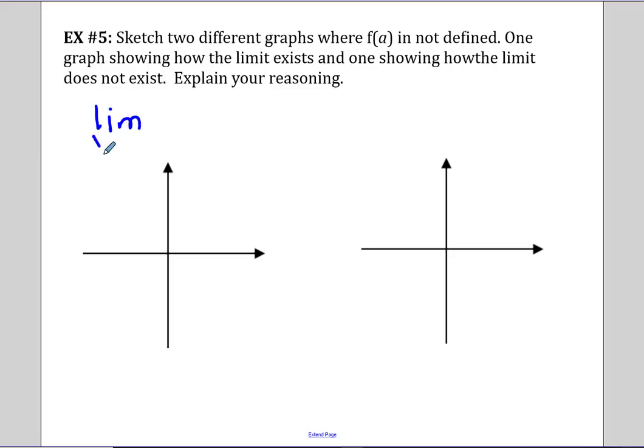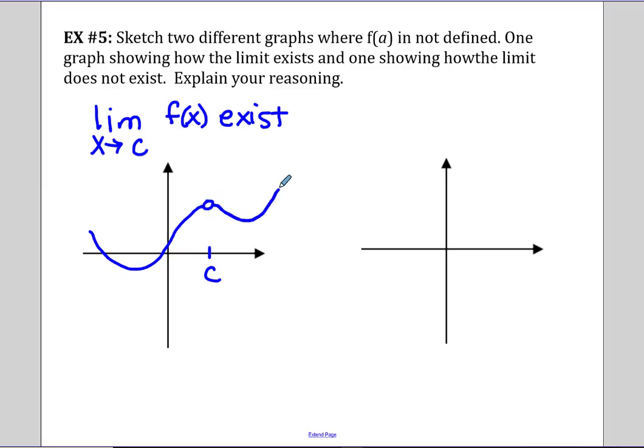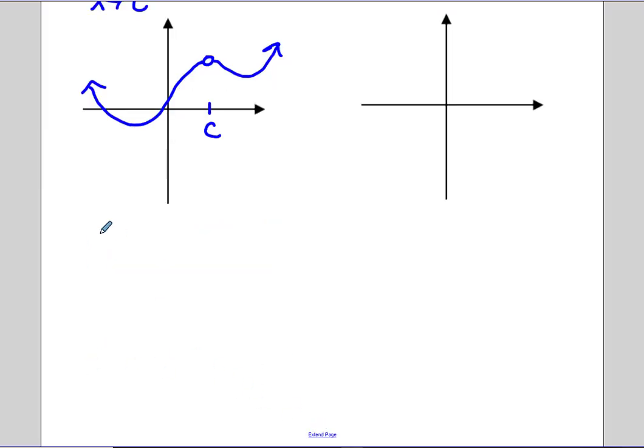So let's say we have the limit as x approaches c for our function, and this one is going to exist. I'm going to put my c value right here with the hole and just draw some curvy little line right there. So how does the limit exist?